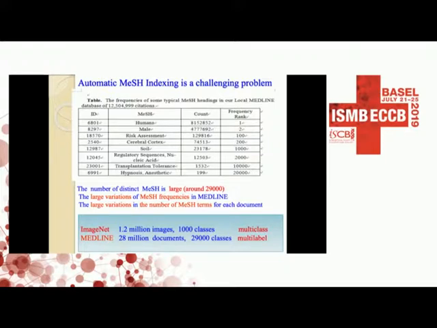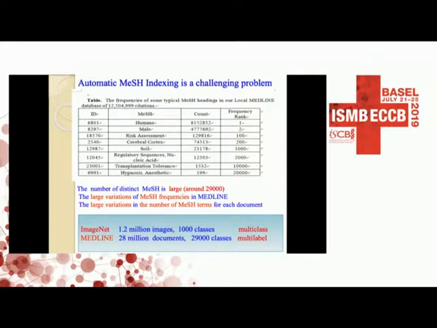For example, there are more than 29,000 MeSH terms. And each article has a different number of MeSH terms. On average, it's around 12, and the frequency of each MeSH term varies a lot. We can also compare with ImageNet and MEDLINE. In ImageNet, there are around 1.2 million images, but only around 1,000 classes.